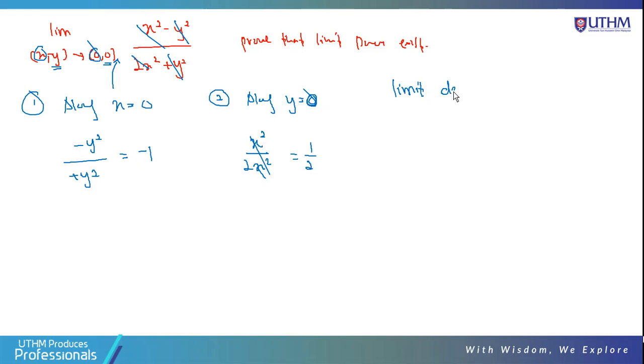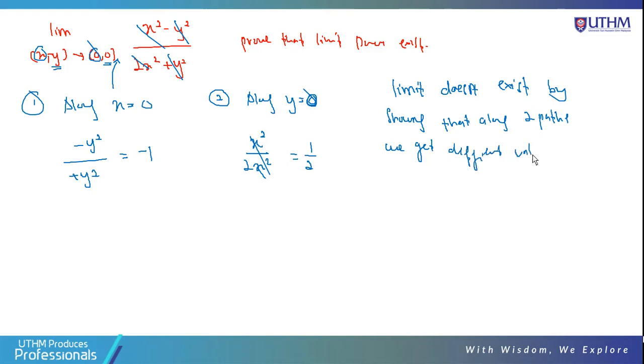The limit doesn't exist by showing that along two paths we get a different value as we approach the same point.